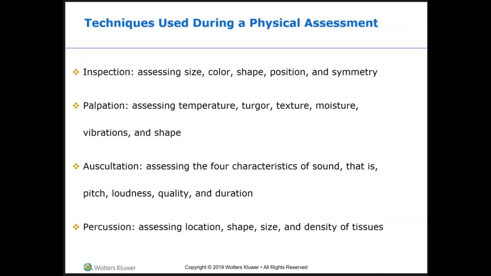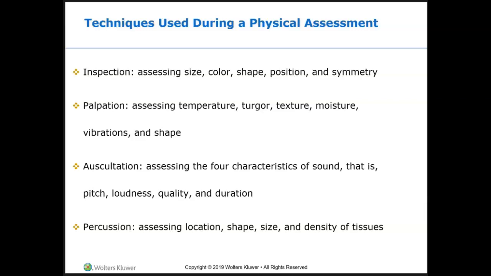Techniques for gathering physical health assessment data are inspection, palpation, and auscultation. Inspection of the patient. So you're going to inspect each area of the body for size, color, shape, position, movement, symmetry, right? So we're going to compare one side with the other. You are looking for any abnormalities.